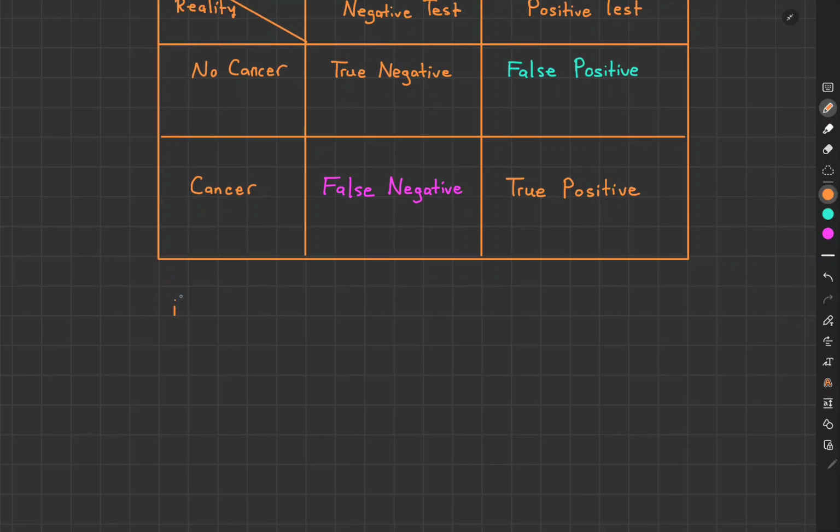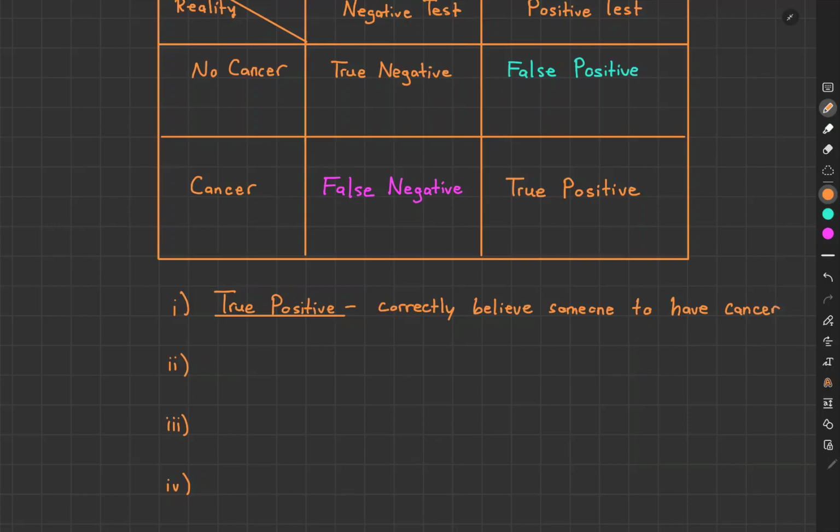So to do a quick review of all of these cases, we've got true positive. This is when we correctly believe someone to have cancer.